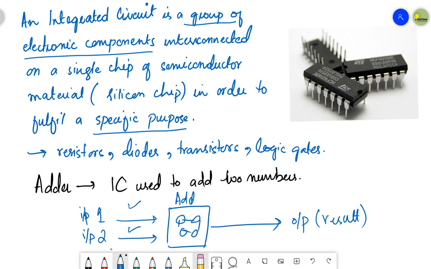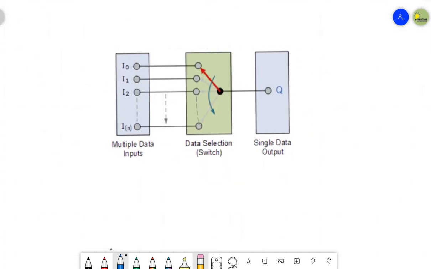Let's take another example in which I'm going to share parallel data transmission in detail. This is the picture that is shown to you.